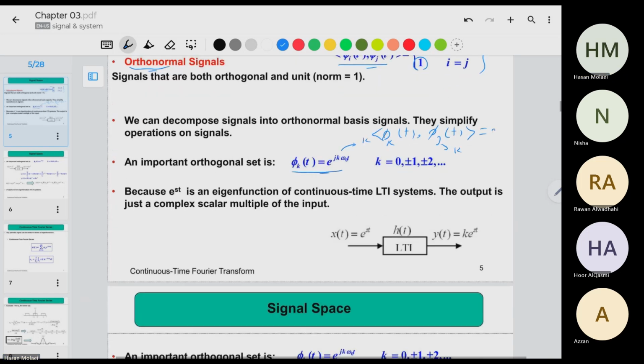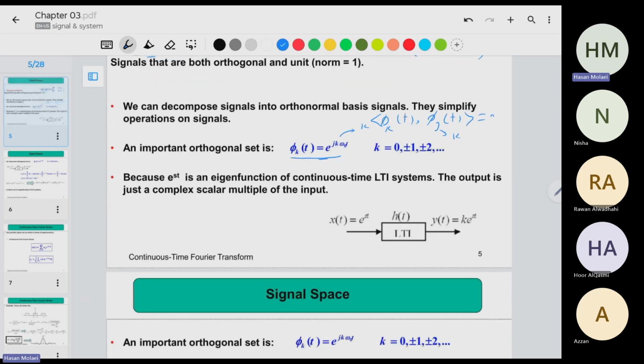So what is the point? At the end, we want to show that since this is an orthogonal set, I can write any signal through a set of these signals. For example, suppose e to the power of ft: if I apply it to an LTI system, the output would be exactly the same, only with one coefficient.